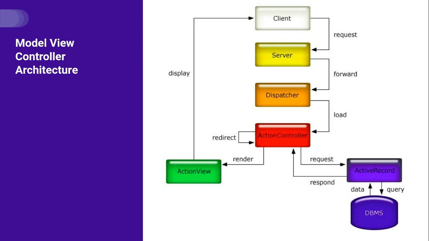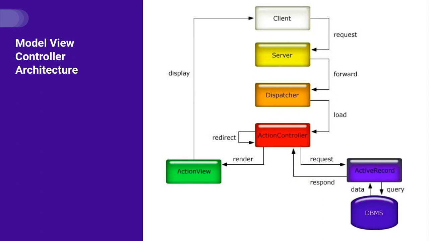So the view is the presentation layer and is responsible for displaying data. Now, the third part is the controller, which works as the mediator between model and view. It makes the model data available to the view so that it can display data on the browser.